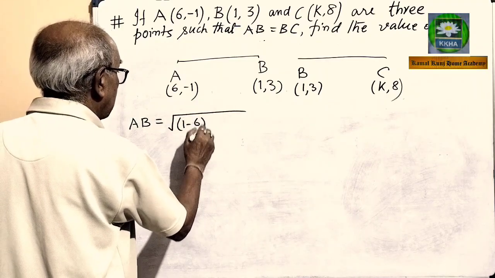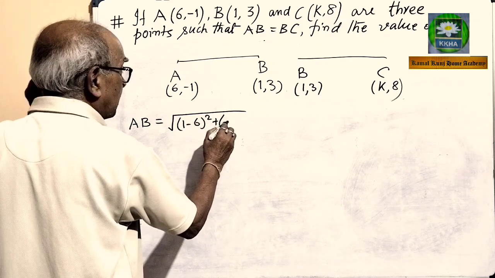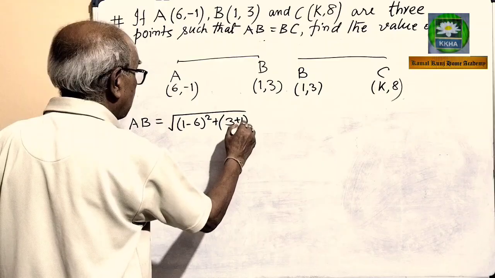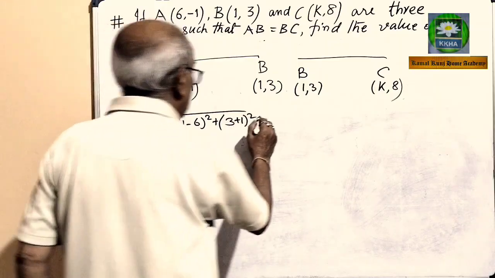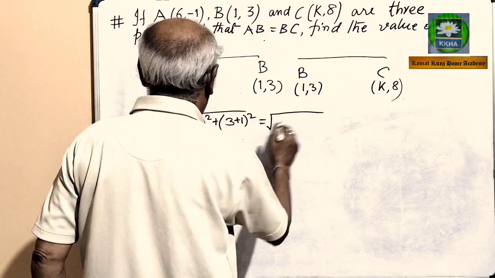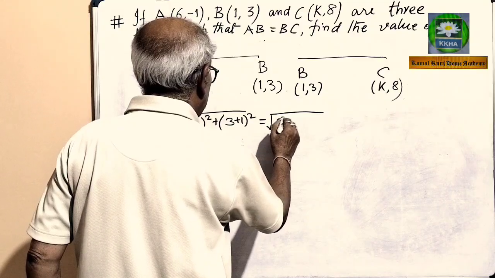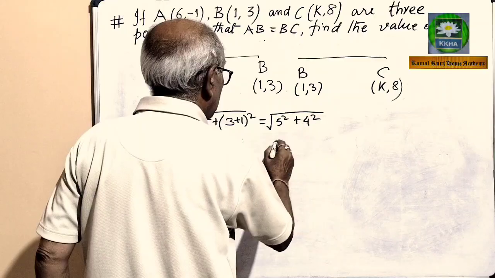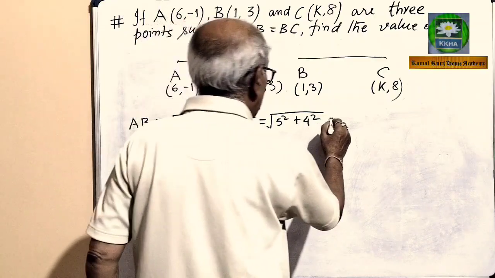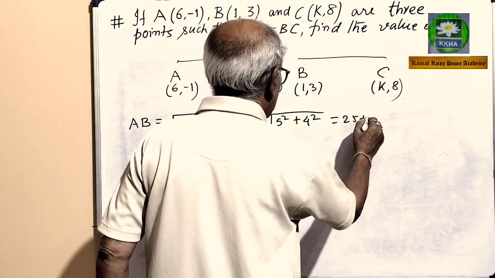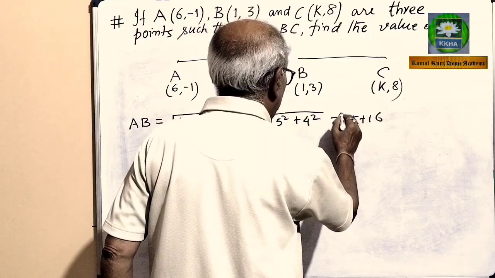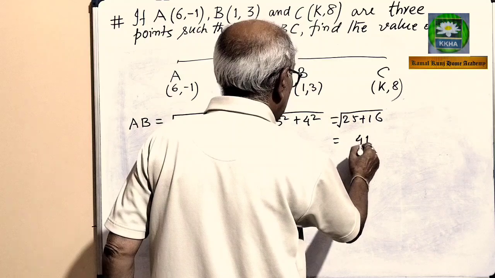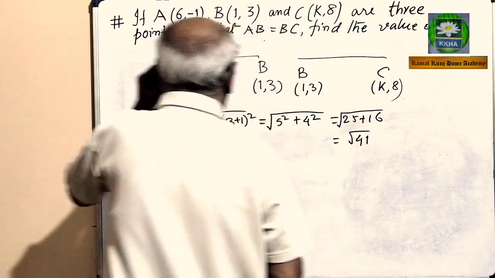Now using the distance formula, AB is equal to the square root of (1 minus 6) whole square plus (3 minus (−1)) whole square, which is 5 square plus 4 square, equal to 25 plus 16, which is square root of 41.